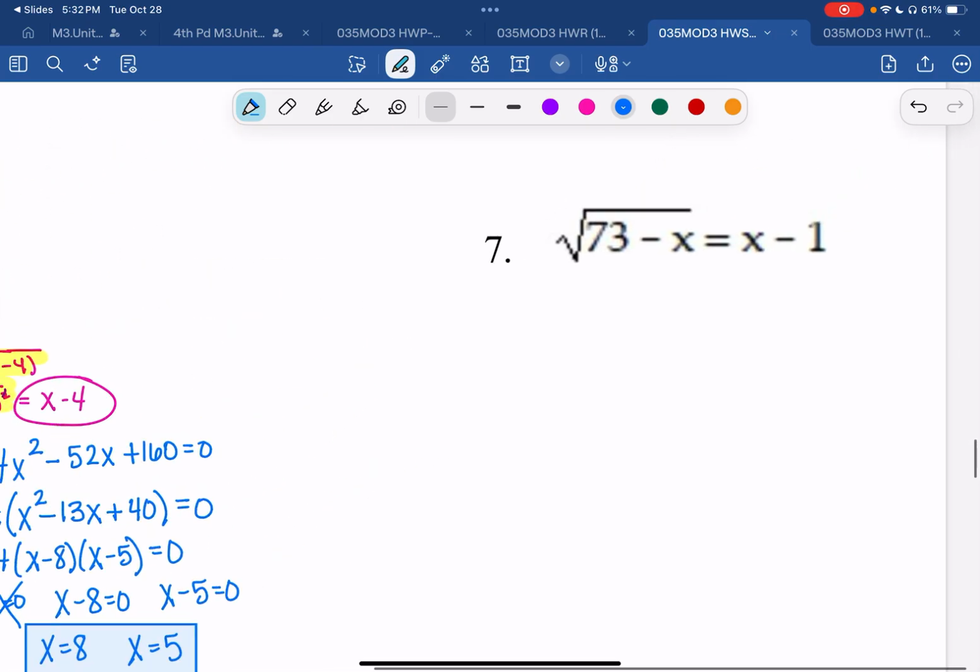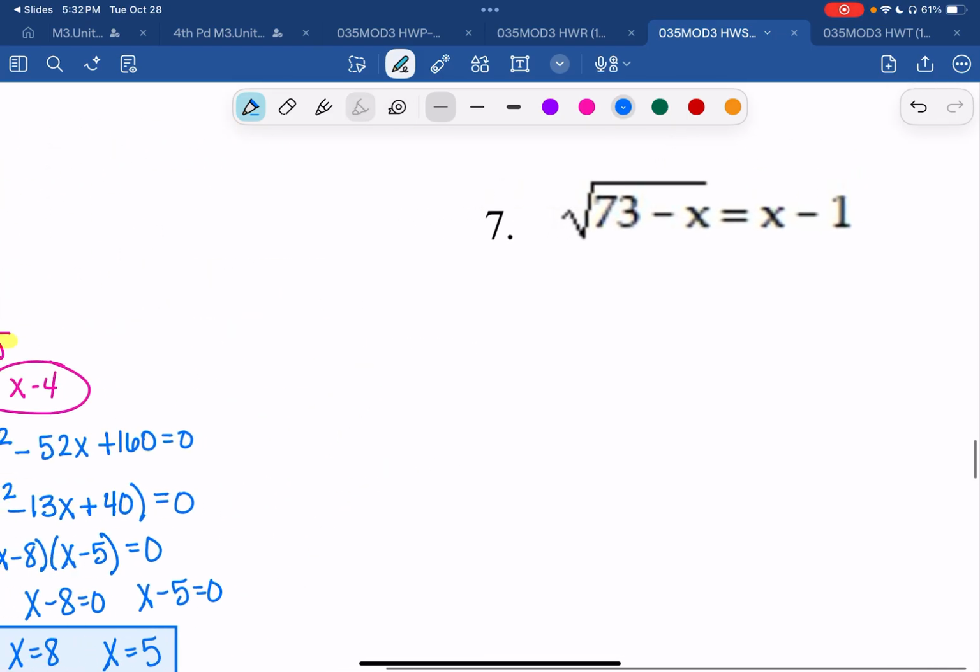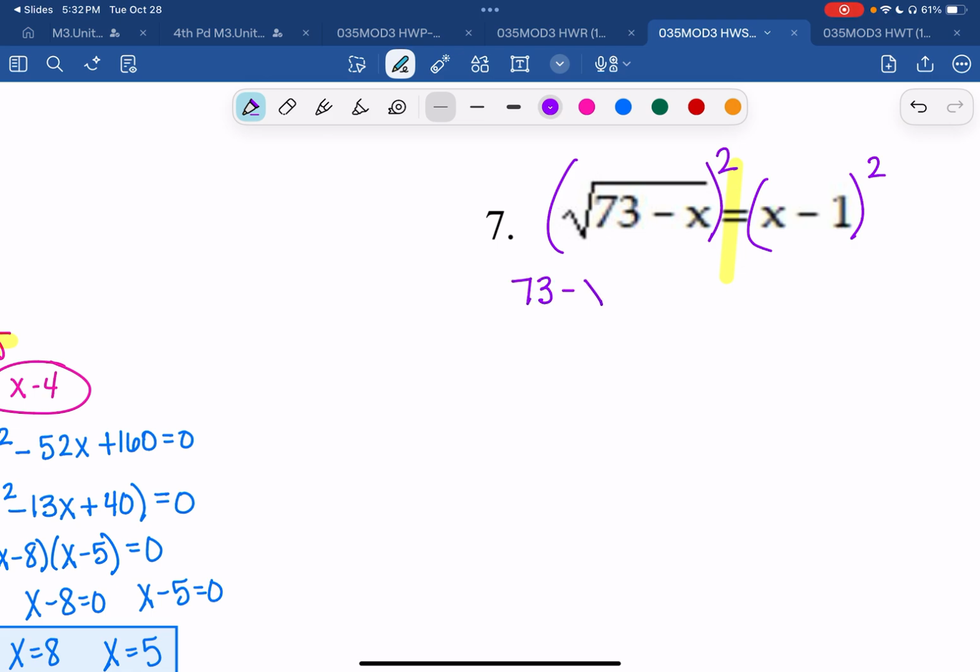All right, so in this one, we have one radical isolated, so we're going to start by raising it to the second power. That gets rid of that side. This one, I do need to multiply that out.